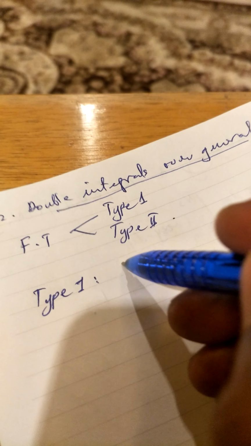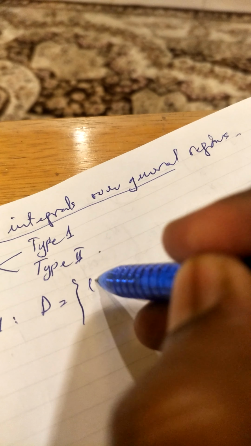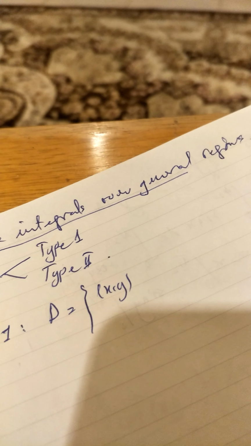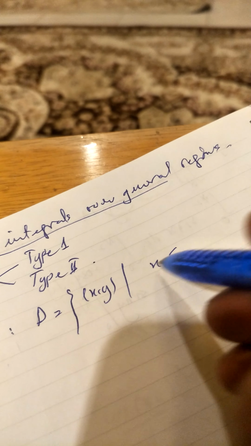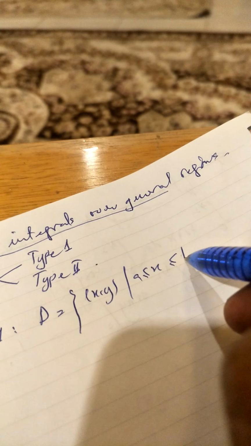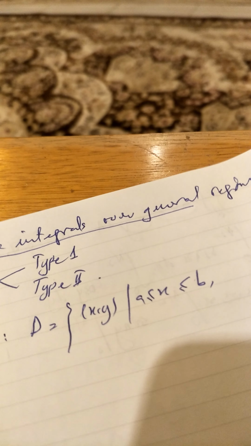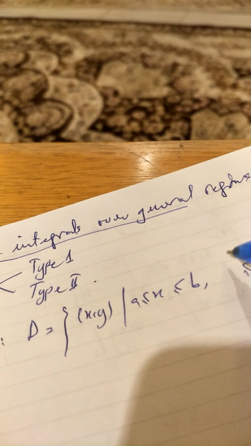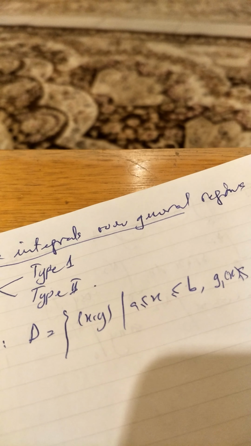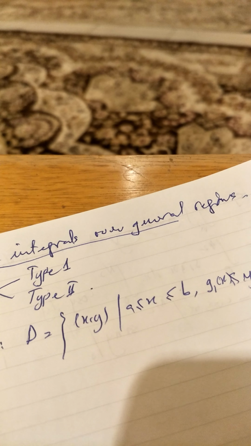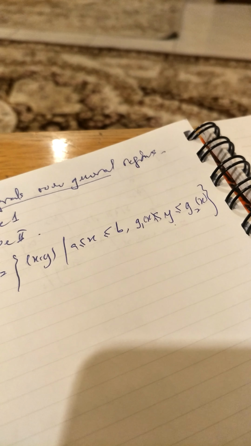For this, we assume that our region D is given as x between a and b and y between two functions, let's say g1 of x and g2 of x. So that is our region.